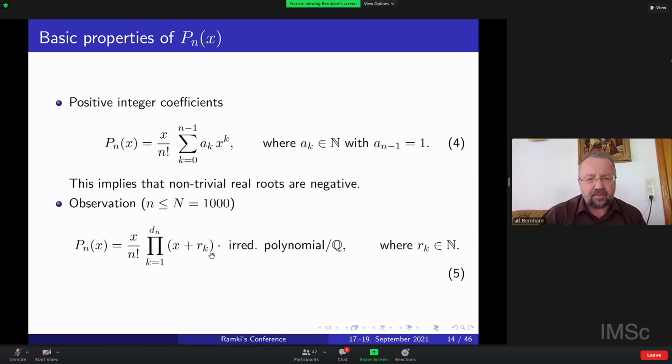And we observed, which is quite interesting, either you have integer roots, which we know by Serre, but then the rest is a polynomial over Q. That means the degree of these algebraic numbers, which are roots of these polynomials, is increasing. I think this observation is interesting in itself.